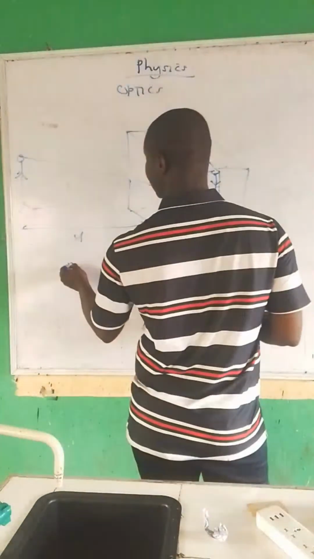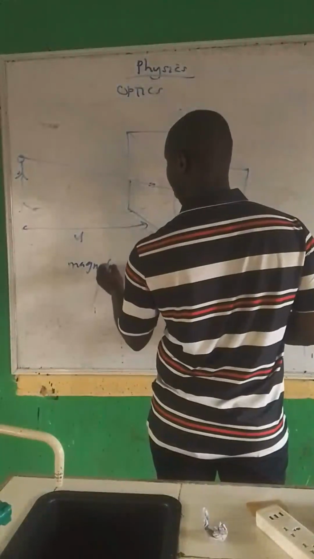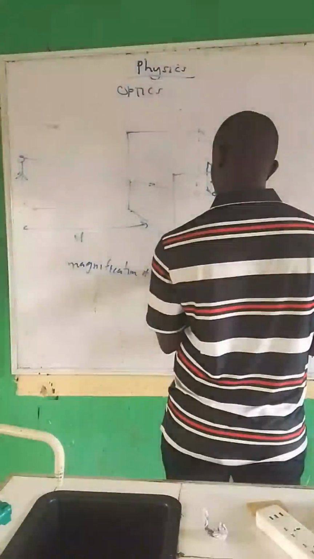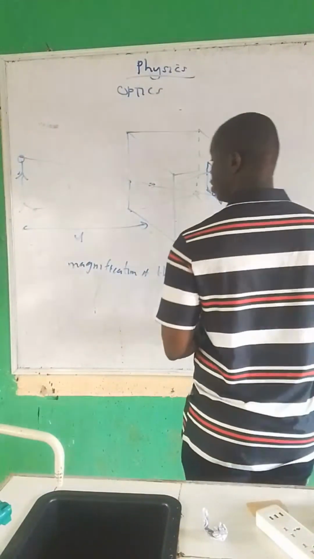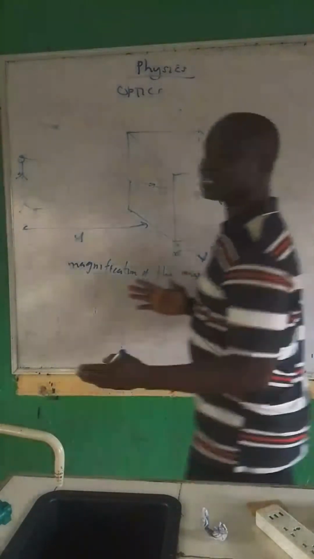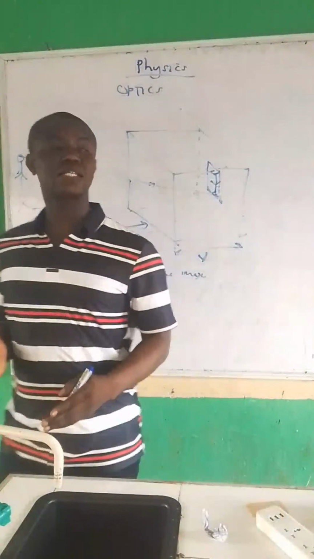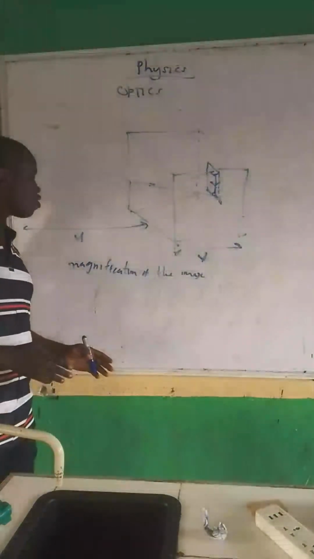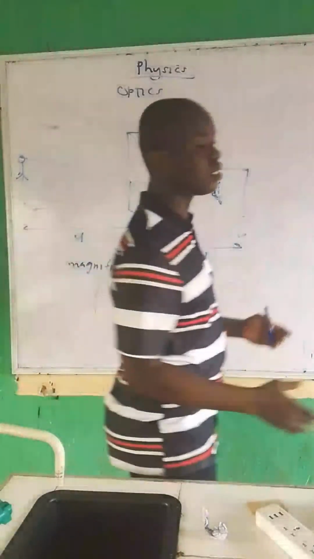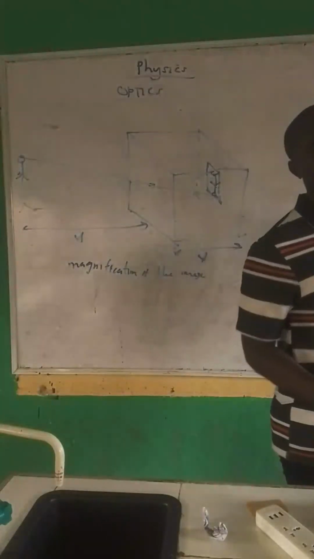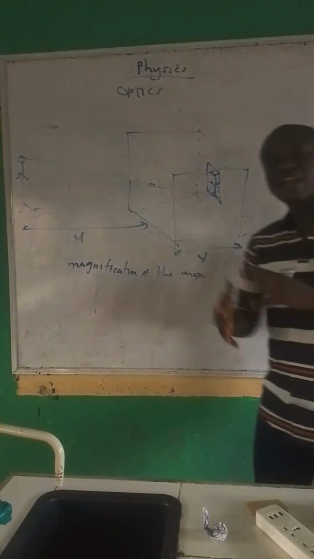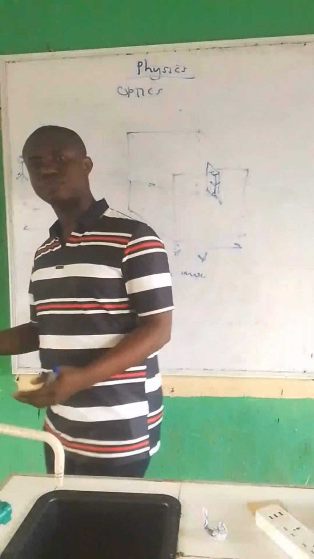So we have the magnification of the image. The magnification of an image is how large the image is compared to the object.